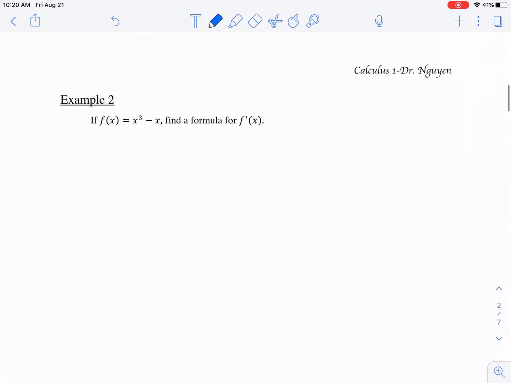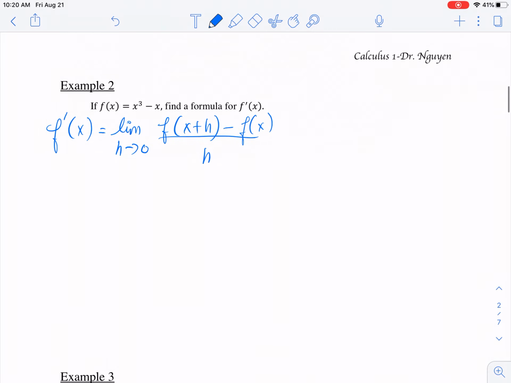By definition, I'm just going to rewrite the formula. f prime of x is the limit as h approaches 0 of f of x plus h minus f of x, over h. Then from here, you plug it in. Limit as h goes to 0.